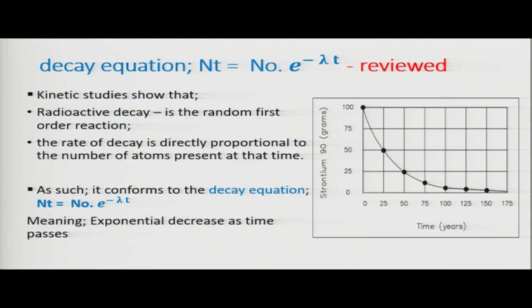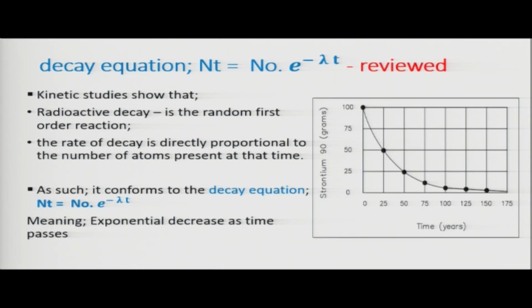Remember, radioactive decay is a random first order reaction, meaning it will keep taking place provided you still have unstable atoms. And that is what that equation implies, the exponential decrease as time passes.